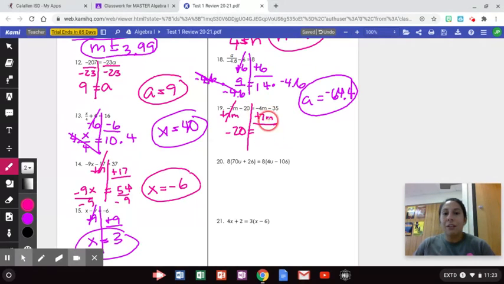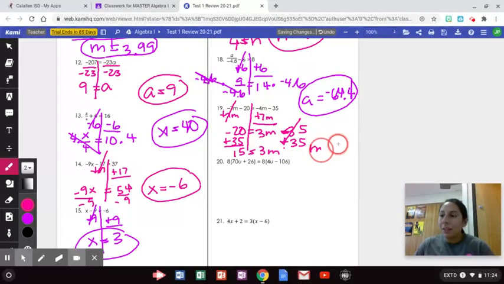So together, negative 4m plus 7m, that's 3m minus 35. Okay, next, it's a two-step equation. Since they're subtracting 35, I have to add 35 to get rid of this. So add 35, and that gives you 15 equals 3m. So then we divide by 3, and we end up with m equals 5.